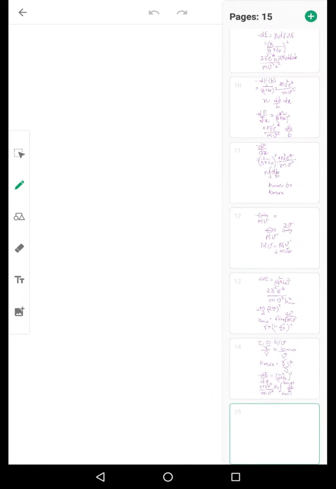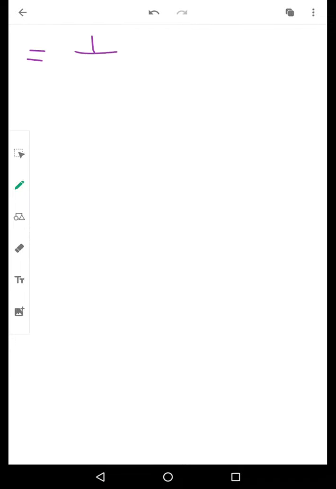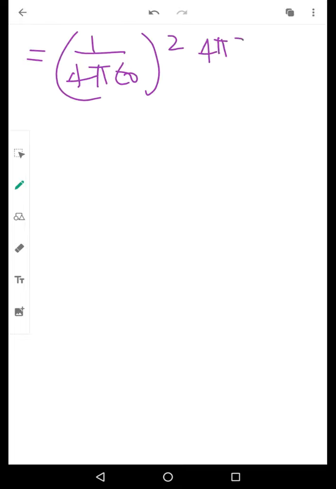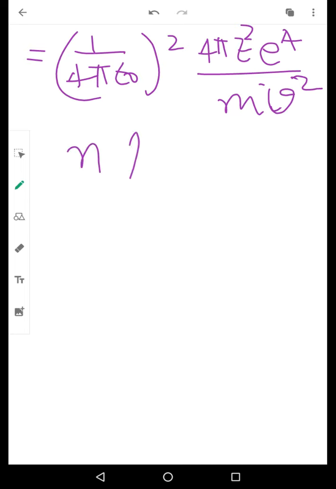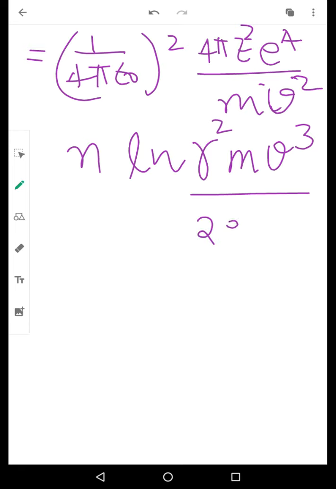And when you solve it, you get 1 over 4 pi epsilon 0 whole square and 4 pi z square e to the power 4 by m v square, n, log of gamma square m v cube by z e square nu. Okay, so this is what we get.